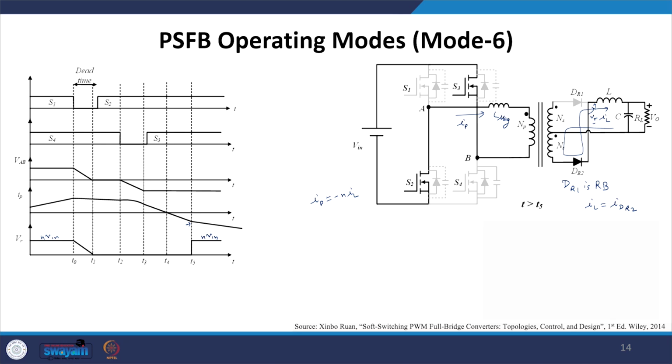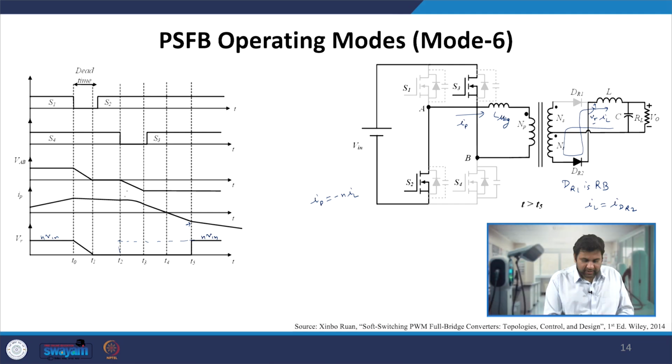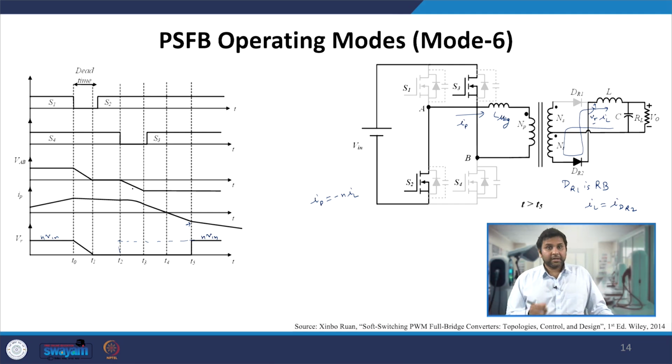Here if you look very carefully in this part, we are turning off the S4 switch. If we recall our ideal case, exactly at T2 my VR voltage has to come up. The VR must reflect the VAB voltage. But since my IP current is not equal to this IL current, the IL current has to find a pathway.